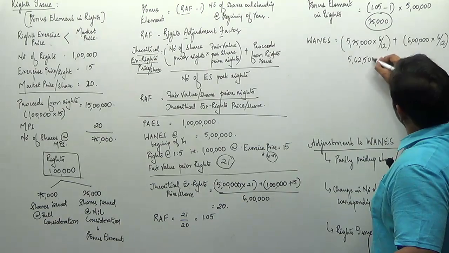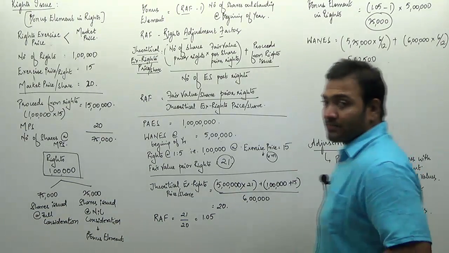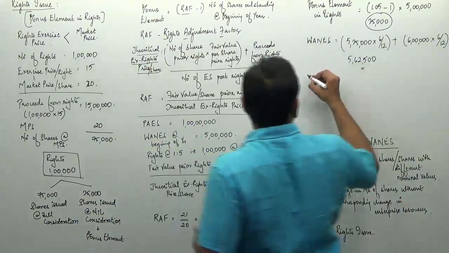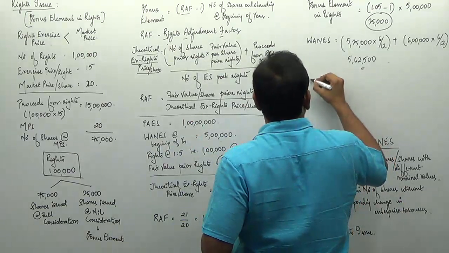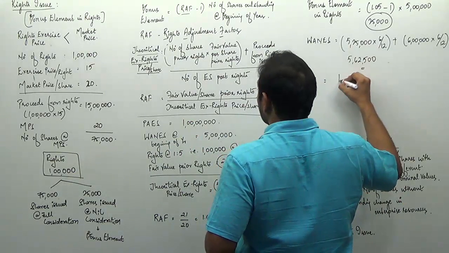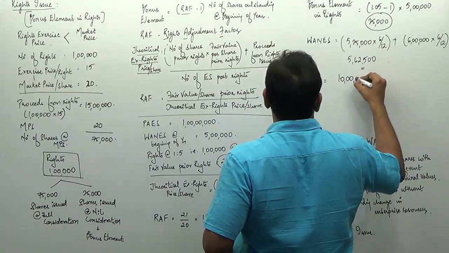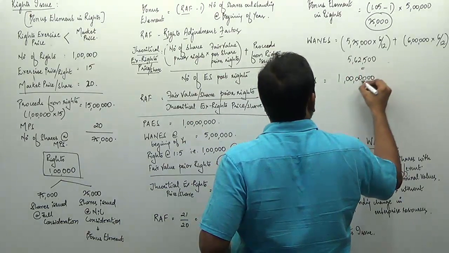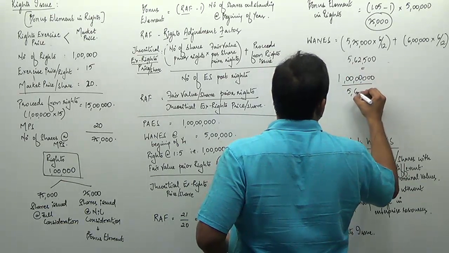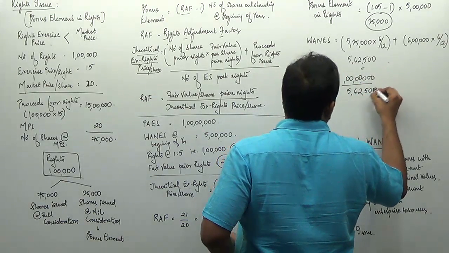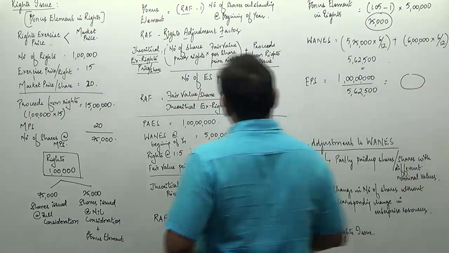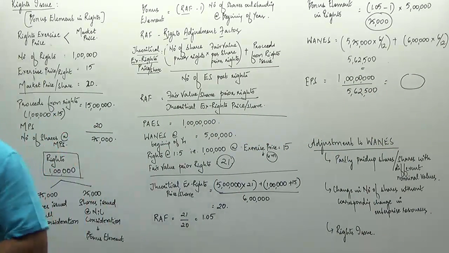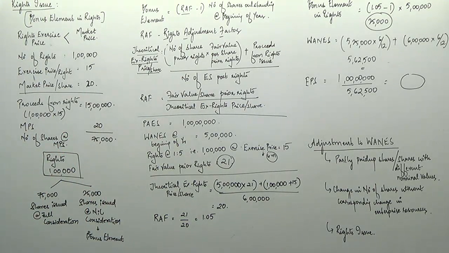This 562,500 is WANES. If this is the WANES, then my basic EPS is equal to 1 crore divided by 5,62,500, whatever is the EPS value. This is how you calculate when rights are given, because we calculate what is the bonus element in the rights issue.